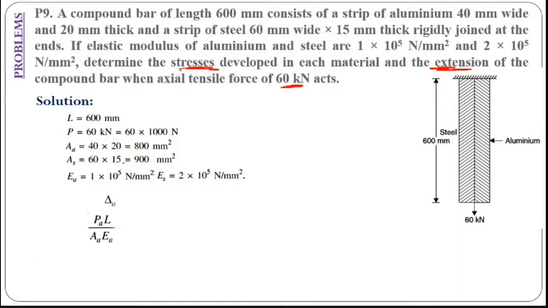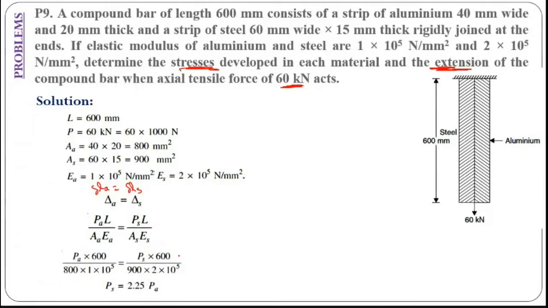Now what I can do is write that the changes in length are equal. So del LA is equal to del LS, which I can write as PL by AE is equal to PL by AE. So let me identify PA. PA is the unknown value because we don't know the distribution.